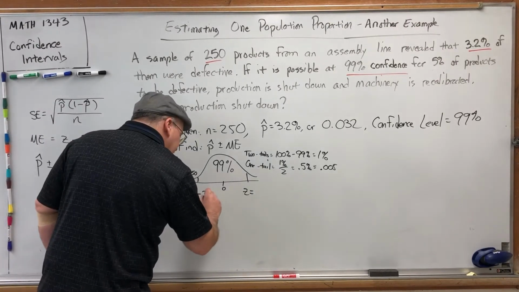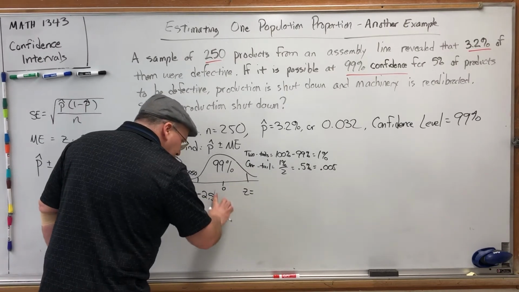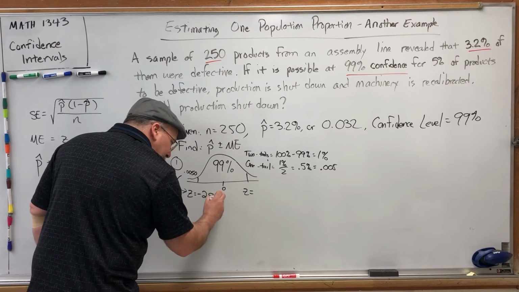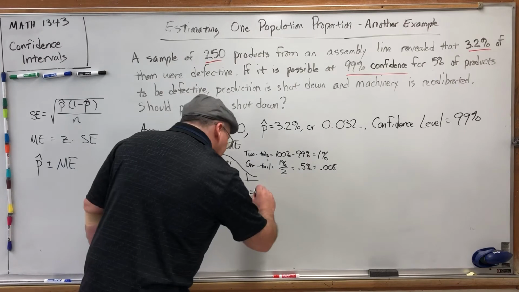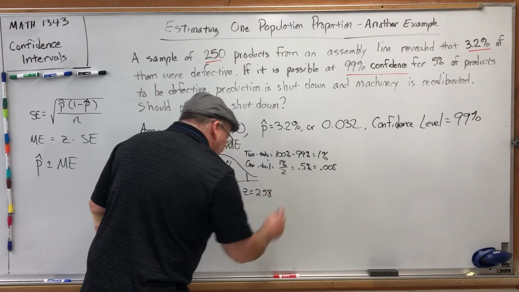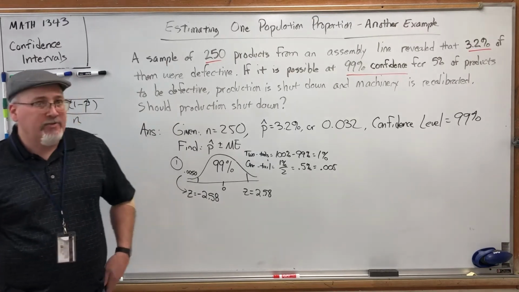If you watch my videos from the previous week, I'm going to say 8, you know that when the area I'm looking up is dead center, I will always default to the larger digit on top. And by the way, now I can explain why. The true value of the z is somewhere between 2.57 and 2.58.